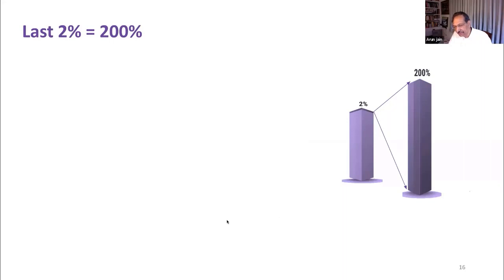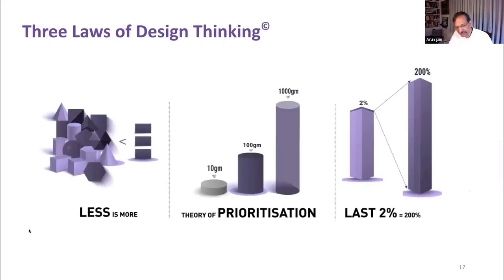There are very few experts, maybe 1,000, maybe 5,000 in India who can really speak about it. But if you need to make it a ubiquitous national level agenda, then we need to make it so simple that 98% becomes 200%. So these are the 3 laws of design thinking: less is more, theory of prioritization, last 2% is 200%.